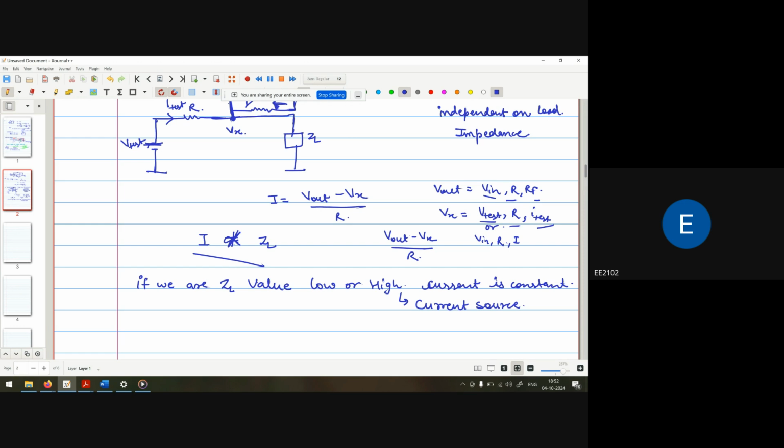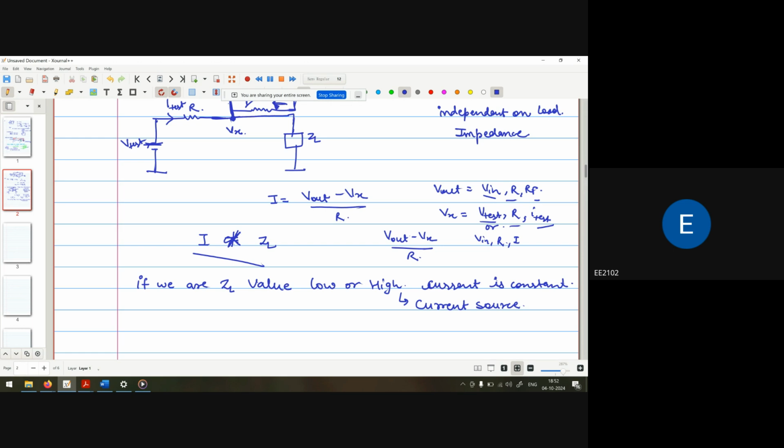The resistance values change. So if I change the load value, my load may be a mobile phone, a power bank, anything, operated on 5 volts, and the plug socket will be similar in size. So if I use any particular device, the load is different, but current is constant for them. So it behaves as a current source.